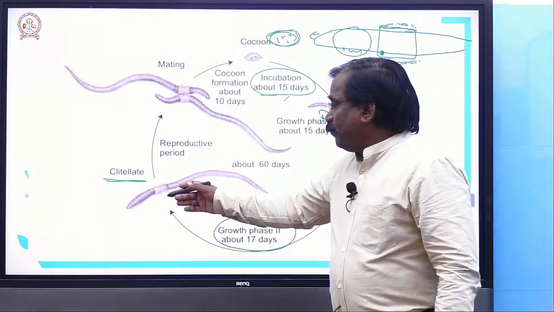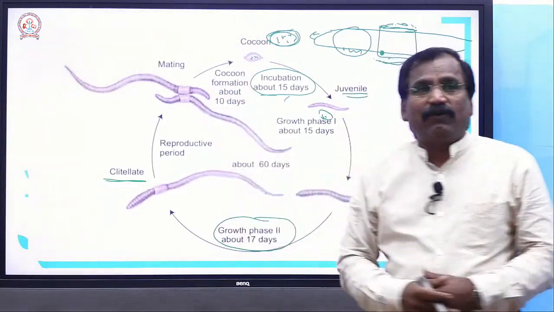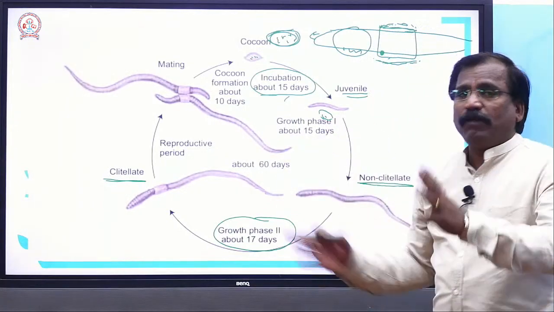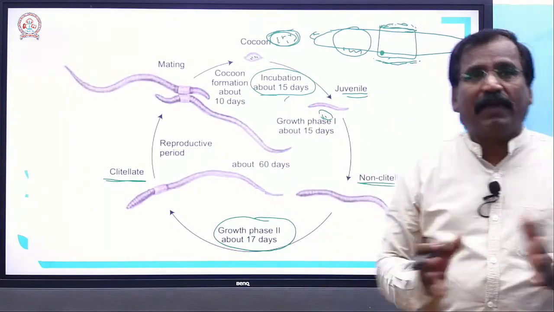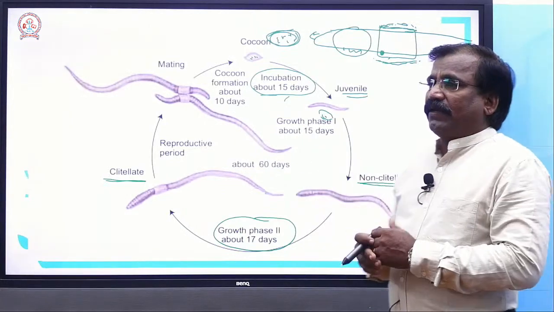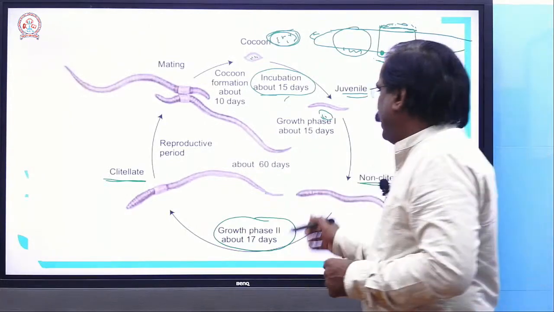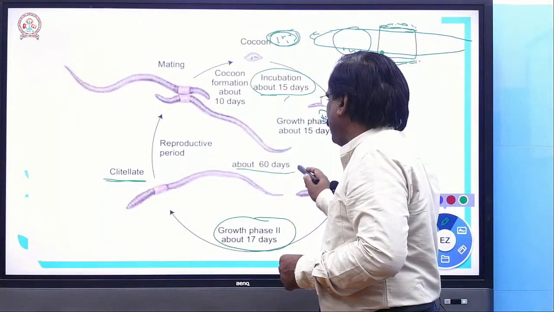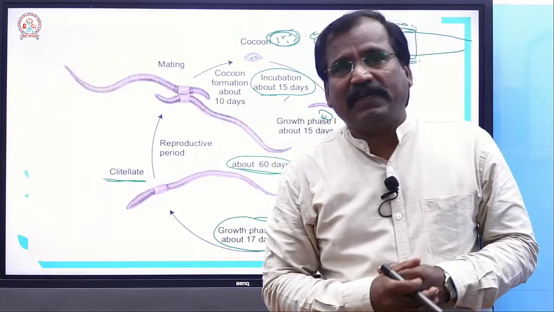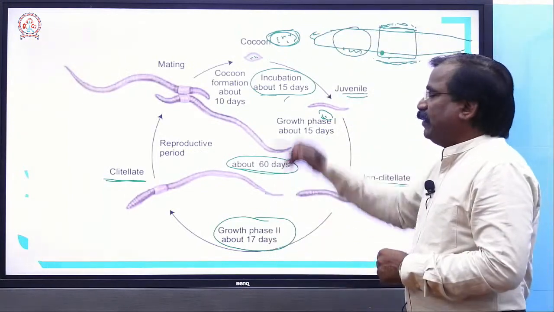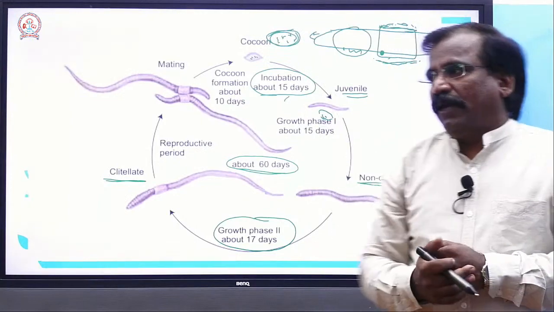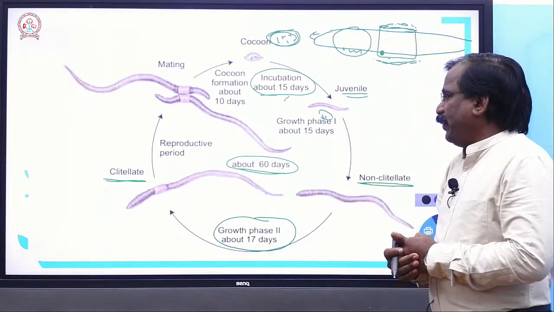After maturation it once again enters into reproduction. This is the reproductive cycle, the life cycle. Overall, to complete this one cycle it takes some 60 days.